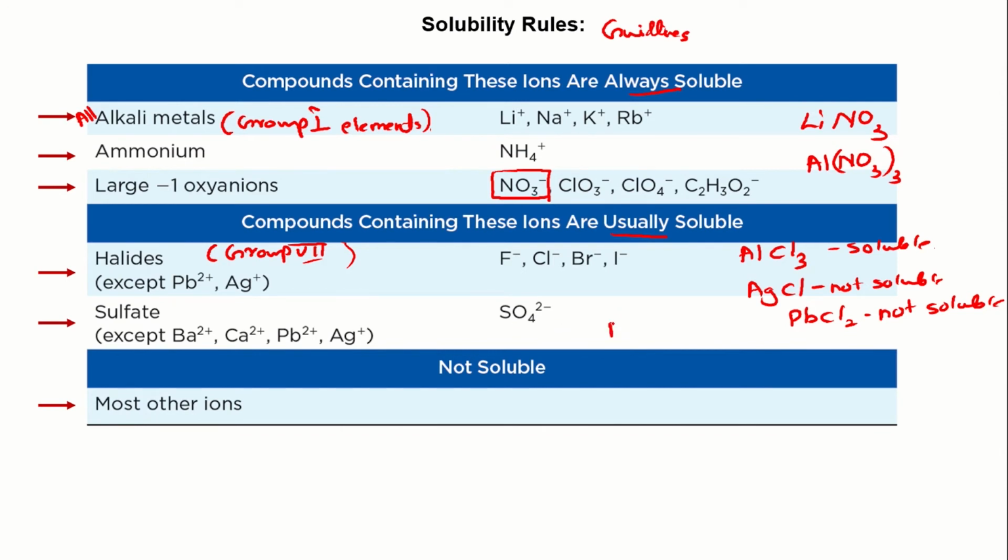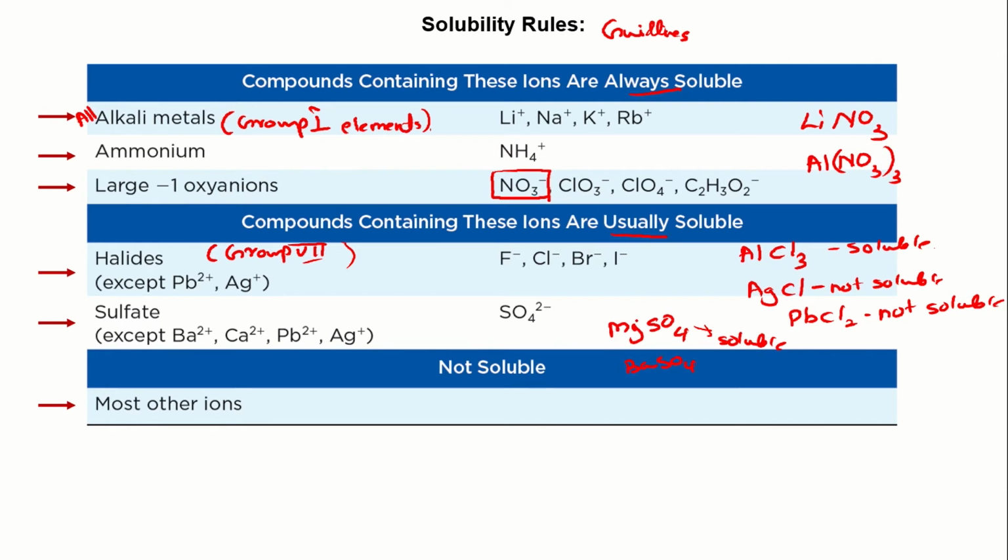For example, if I write magnesium sulfate, is this soluble or not? This is soluble. Why? Magnesium is not in this list. So this one is soluble. How about barium sulfate?